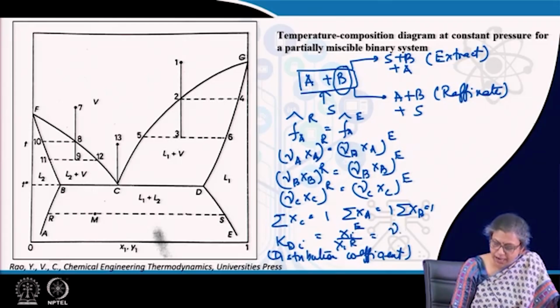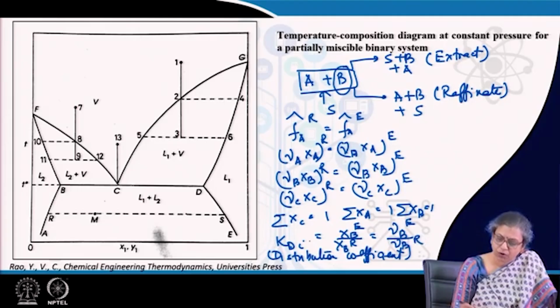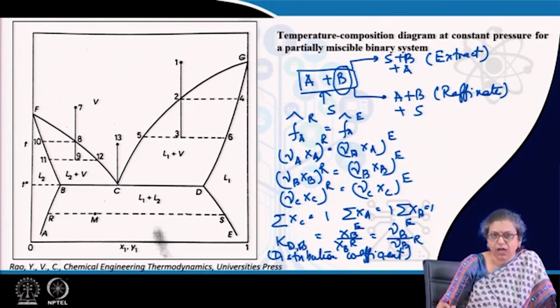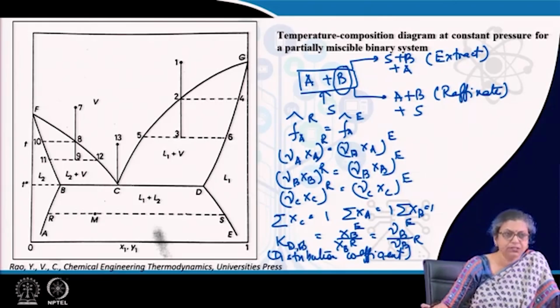Naturally, if B is the component, this gives you gamma B in the extract phase divided by gamma B in the raffinate phase. Once you can find out K D for the component B, you can also find out alpha, and you can find out the expression of alpha.